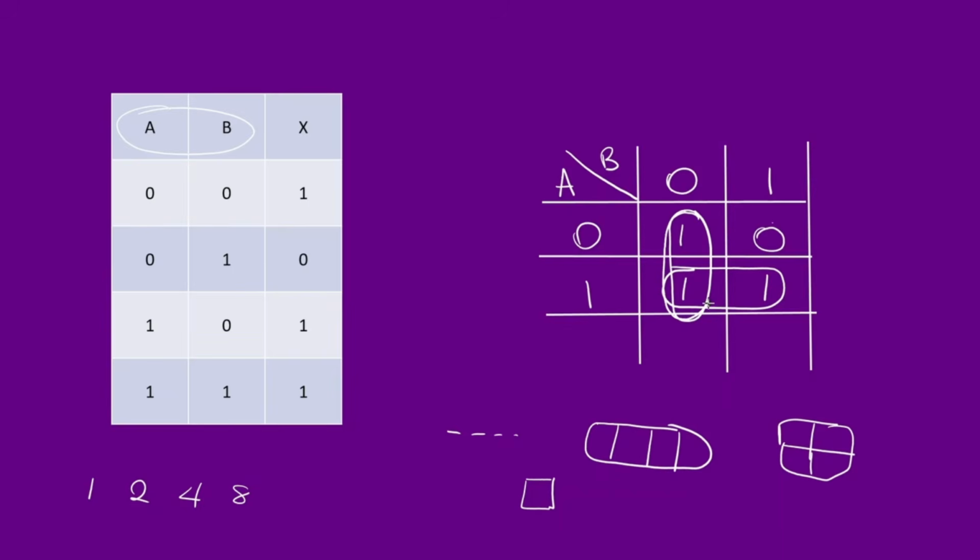It goes this way, and we see that this cuts across both A being 0 and A being 1.